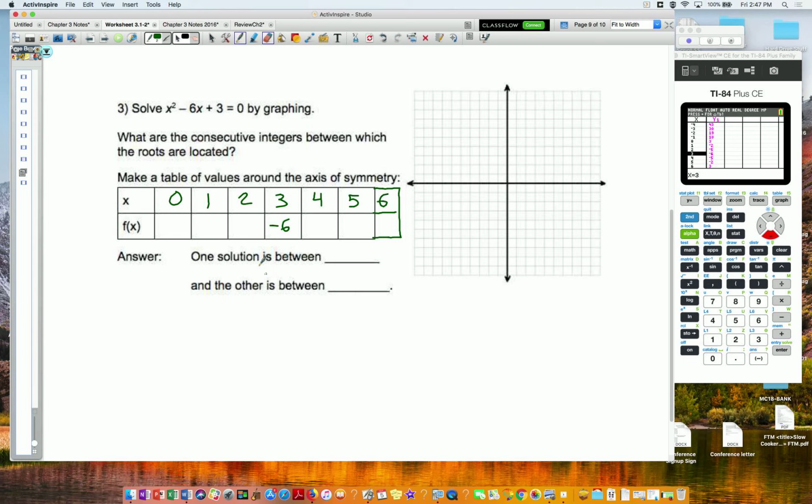And then I can go ahead and start writing in all the rest of the values, again right from the table. So I'm now looking for where it changes from positive to negative and negative to positive. So I can actually see one solution is between 0 and 1, and the other solution is between 5 and 6.